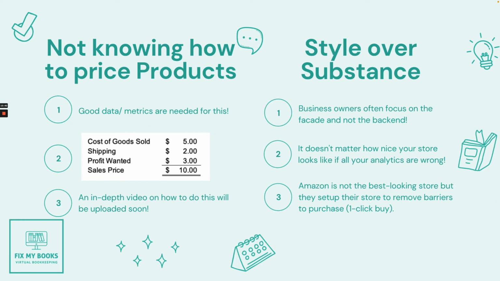That is owned by Amazon, so no other website can use that. And that's what I mean. They remove the barriers instead of adding to cart, checking out, adding your address, everything. Amazon is one-click buy. And that's why Amazon still sells the most products online, even if their store is not as nice as other stores.